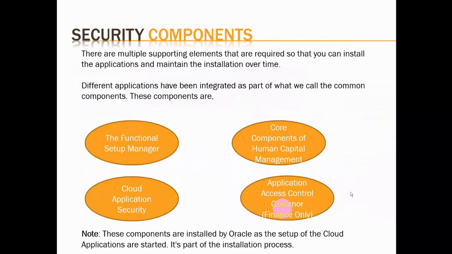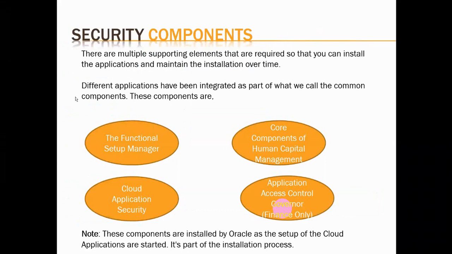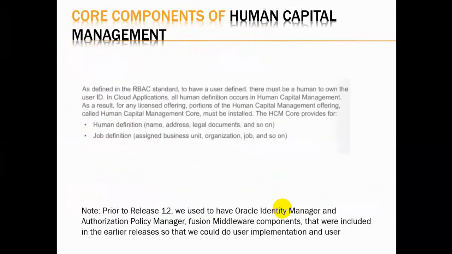Once these four components are set up by the implementation user, it means the core components are ready. Once the infrastructure is ready, the next step is to do the real functional implementation. That user is called the functional user, basically.